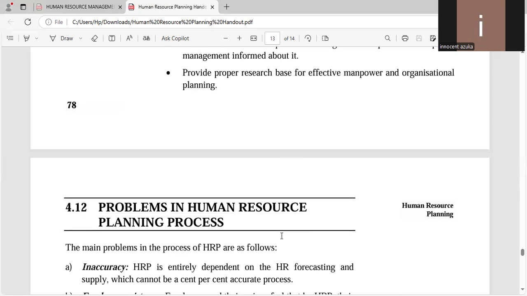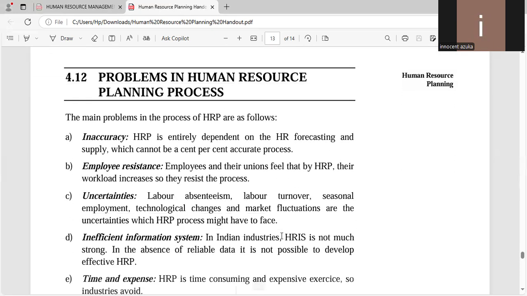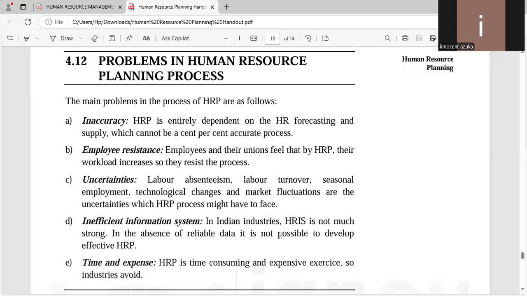The problem in the human resource planning process is inaccuracy. Human resource planning is entirely dependent on forecasting demand and supply, which cannot be a hundred percent accurate. Then we have employee resistance: employees and their union feel that human resource planning increases their workload, so they resist the process.